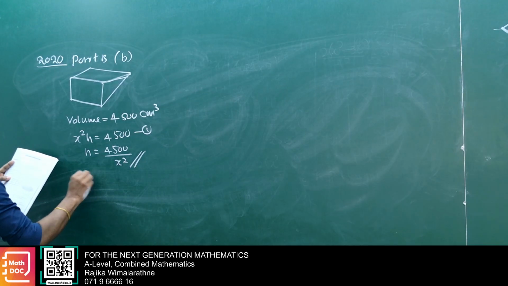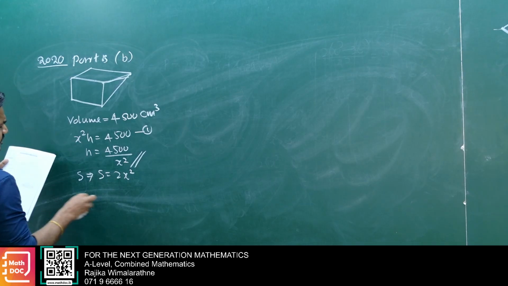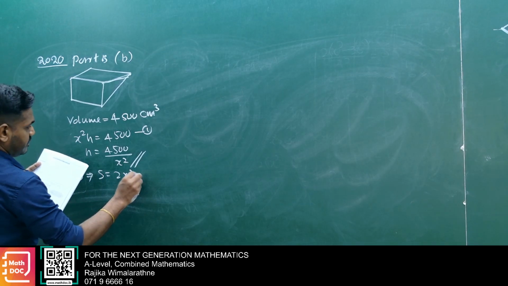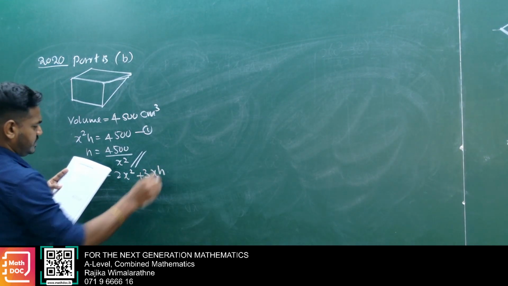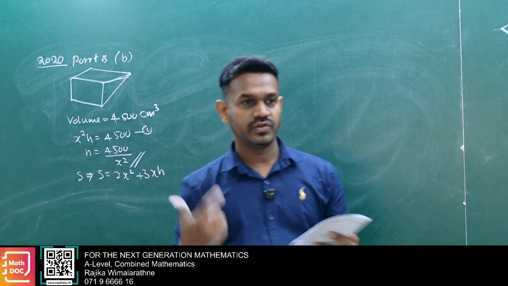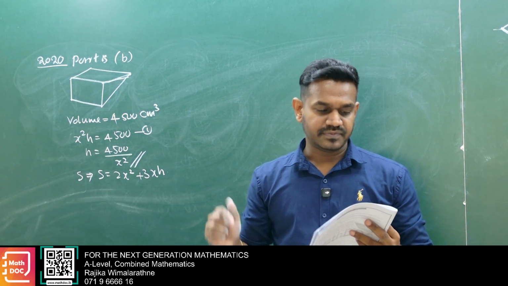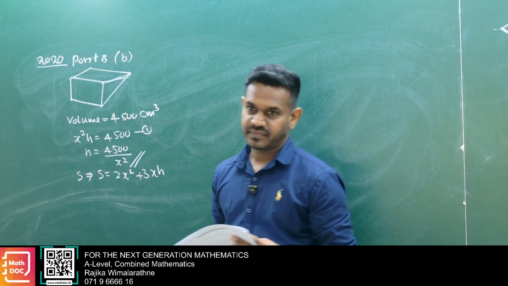Surface area S equals 2x squared plus 3xh. Both are given, no need to find them. Show that S is minimum when x equals 15.